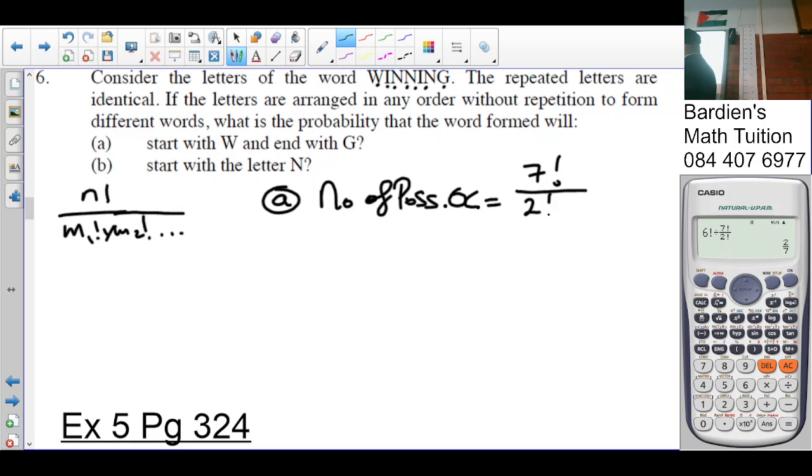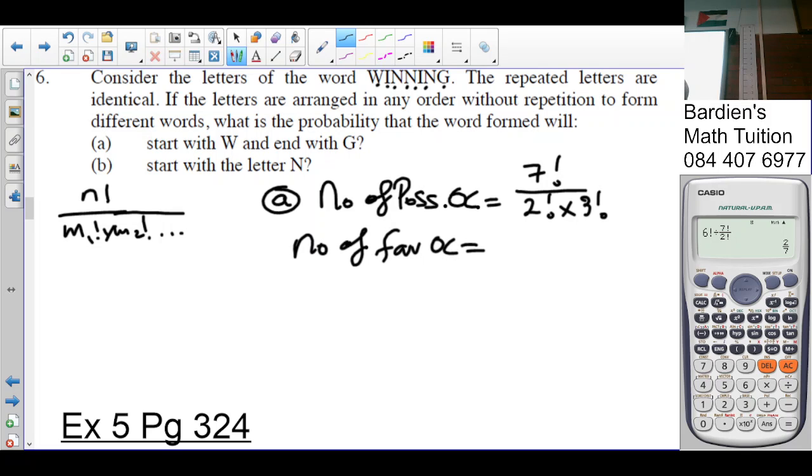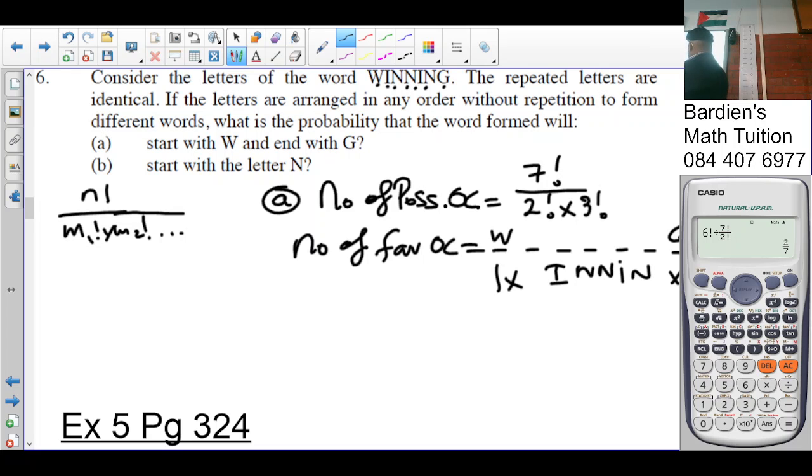So it's 2 factorial times 3 factorial. Number of favorable outcomes: again we have 7 letters. Starts with a W and ends with a G. How many options do I have here? 1. And here? 1. What are we left with? I, N, N, I, N.